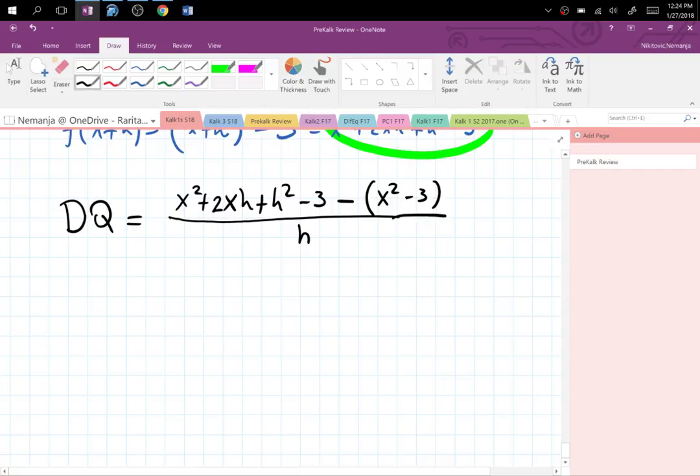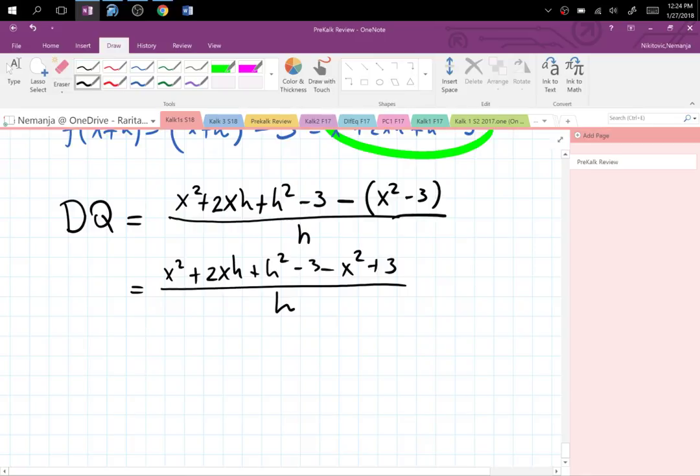All right. So now we get rid of the parentheses, which would change all of the signs. So we have x squared plus 2xh plus h squared minus 3 minus x squared plus 3 divided by h. And if you did your math right, all of the terms that do not contain h will cancel.